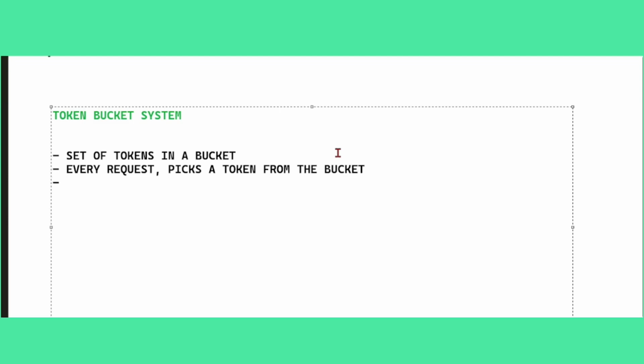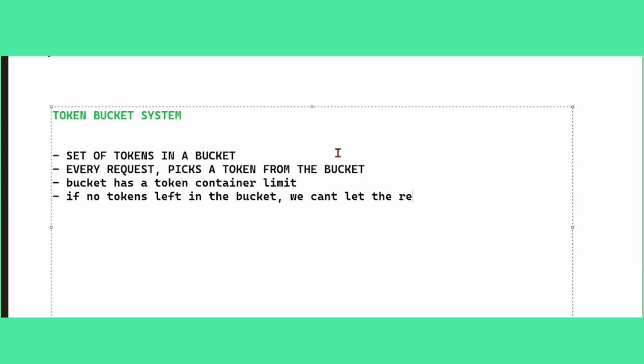Since the bucket has a finite size, it has a token container limit, like how many tokens it can contain. And if there are no tokens left in the bucket, we can't let the request pass through.